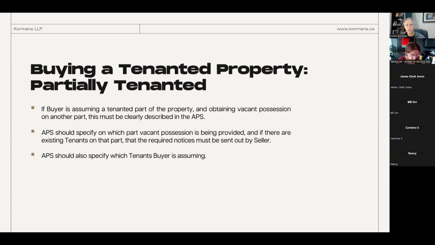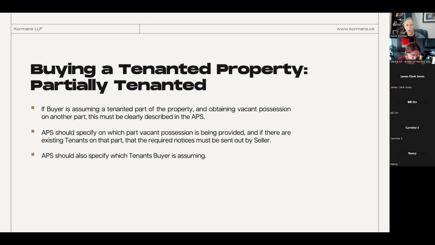So the agreement has to specify which part's vacant, which part's going to be subject to tenants, and then for anything that's going to be subject to tenants, everything else that we've already talked about in this webinar is going to apply. We're going to want that notice of direction to the tenants. We're going to want a tenant acknowledgement. We're going to want an assignment of the lease, etc. We want to build all those things in those scenarios too.